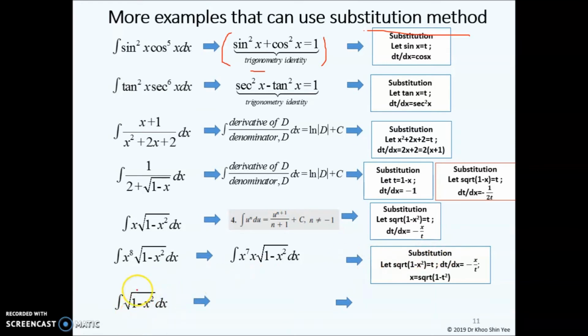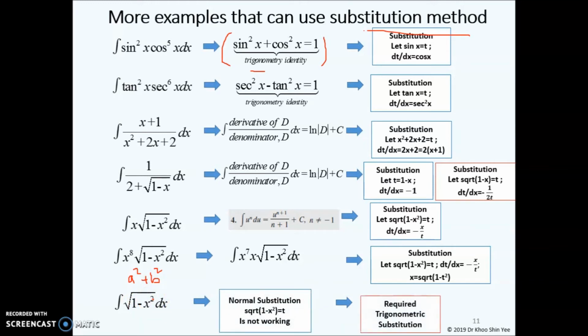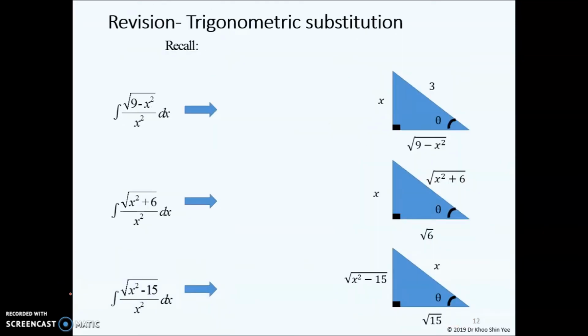For example, like we have a squared plus b squared case. So in this case, you have 1 minus x squared. So we should use the trigo substitution. So if you recall previously, when we integrate 1 over square root 1 minus x squared, you get something in sine.